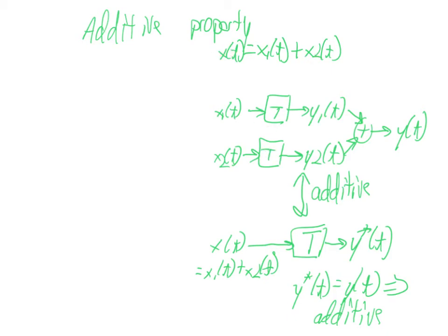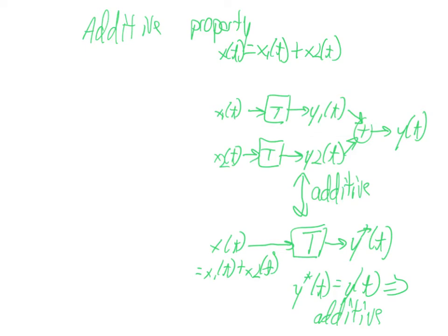I would like to analyze them separately. Now, when I actually implement the system, I don't want two copies of the hardware. I want there to be one copy of the hardware. If the system obeys superposition and has this additivity property, then the analysis result I get, considering the output to each of the stimuli separately and then adding the outputs together, will be the same as if I added the signals together and then found the output.